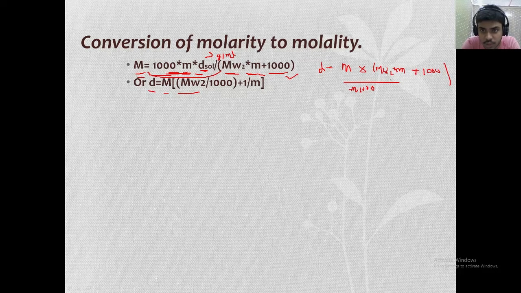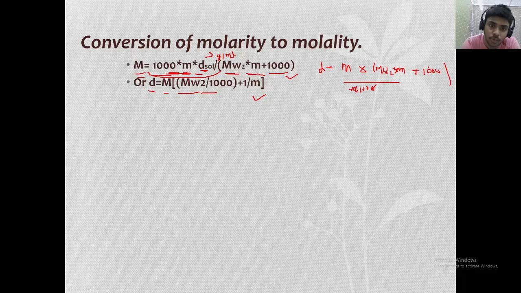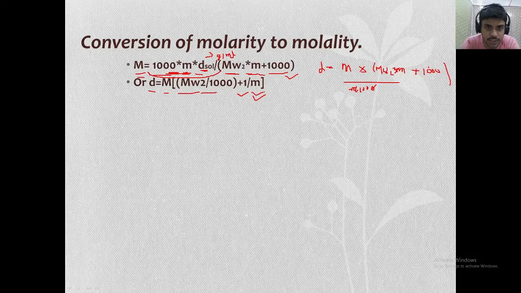This molal and molal will cut, and this MW by 1000, and 1000 will cut, and 1 by m plus 1 by m. So this is easy to remember. Okay, density equals to molarity into molecular weight of the solute by 1000 plus 1 by molality. It's very simple to remember, that's why I have given this simple formula.